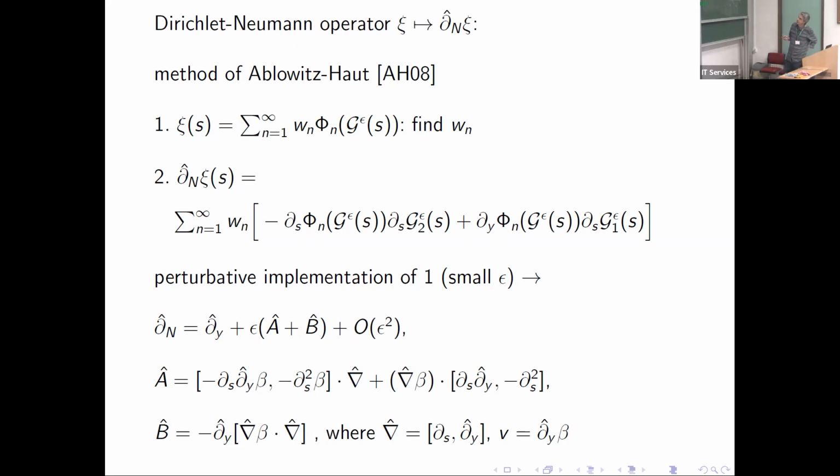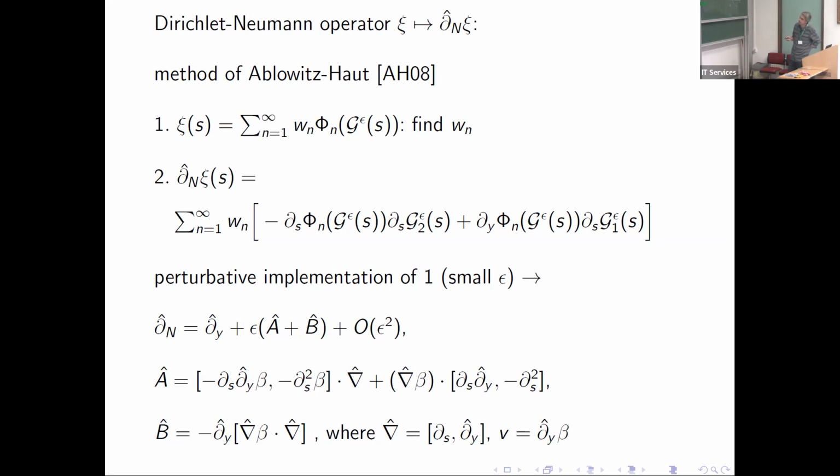And this is a non-trivial step because we have basically to find the coefficients. This is a linear problem, a linear operator that we have to invert. And then once we have these coefficients, we simply use the definition and differentiate inside the sum, and the definition of the normal derivative is just given by this explicit expression.